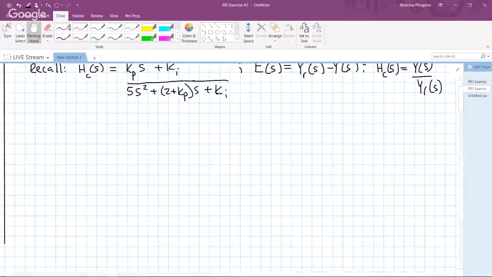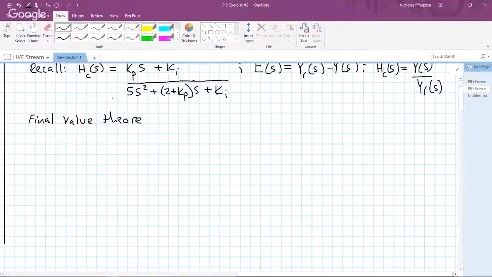So the first thing we're going to do is, well, let's also recall the final value theorem, which just states that as time approaches infinity, I don't know why I don't plug in T, but the professor doesn't. So the limit as S approaches 0 is S times the error function.